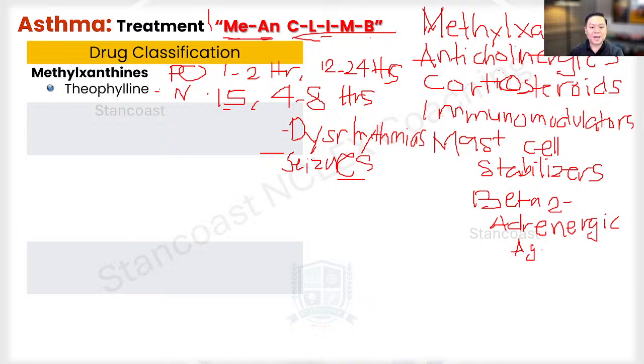Now, talking about the use of the methylxanthine, especially the theophylline, we need to keep an eye on the drug level, and the normal drug level range is somewhere between 5 to 15 micrograms per ml. So that is the safe or therapeutic range. If a person has an adverse reaction, this will call for immediate discontinuation of the medication.